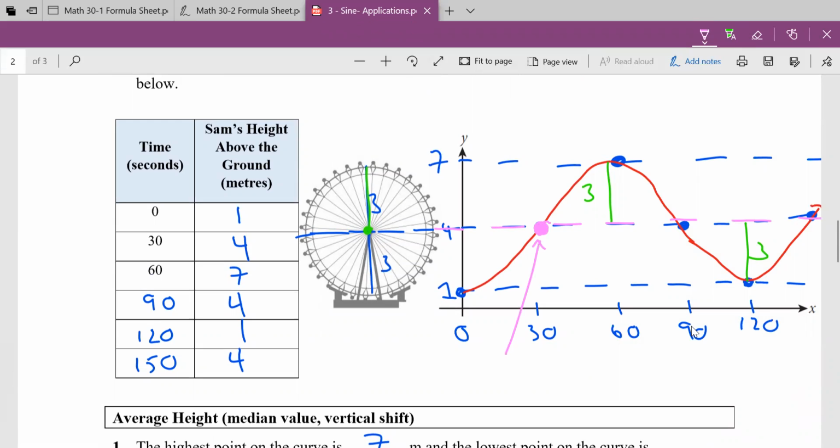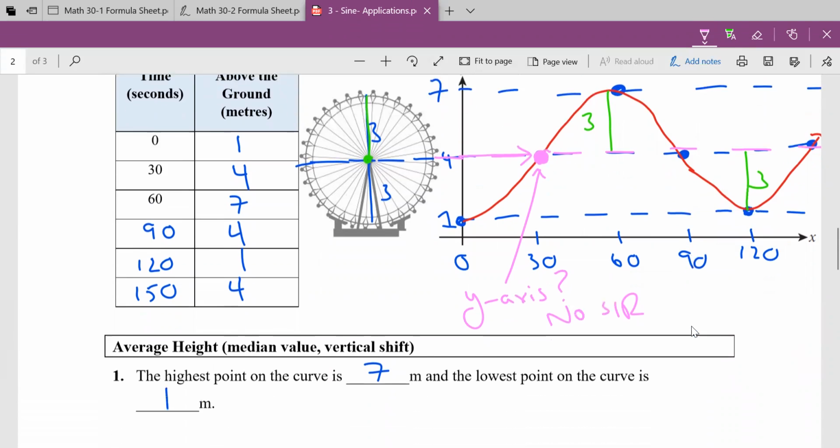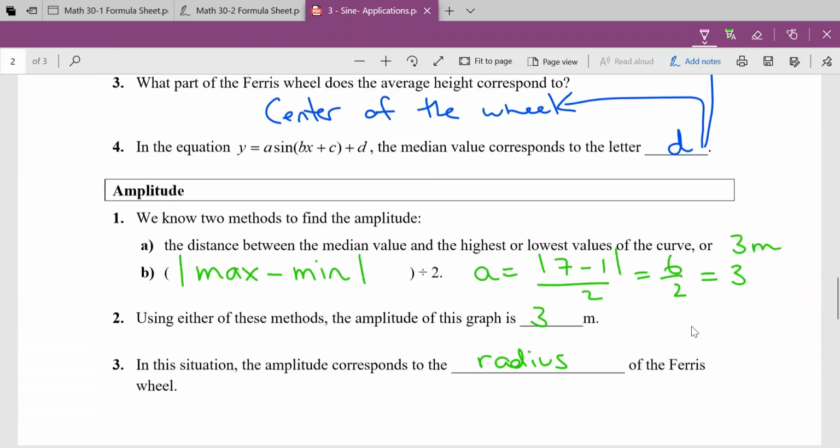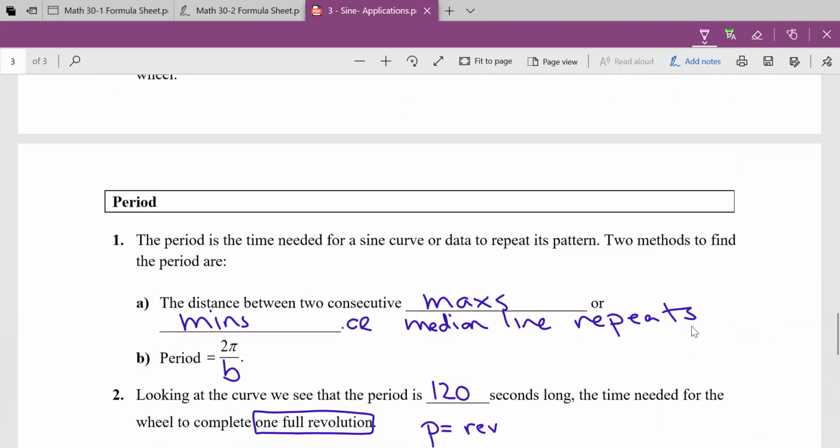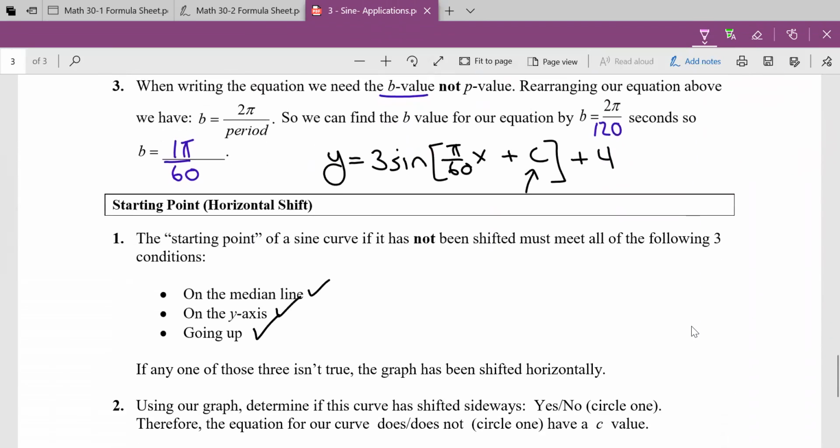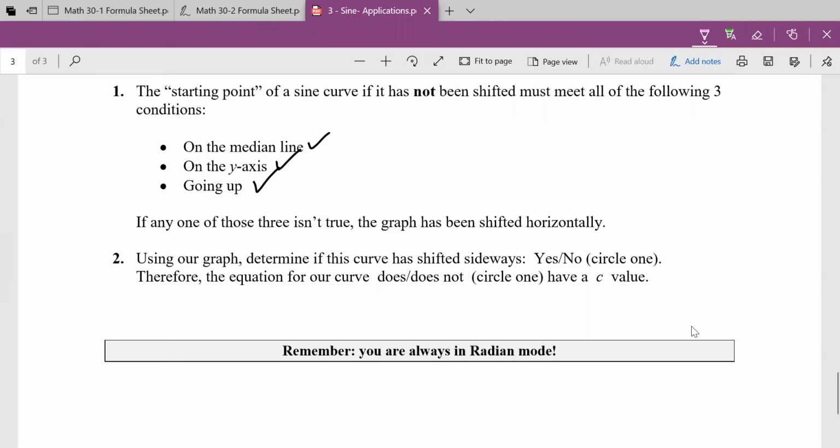Is that on the y-axis? No, sir. So this graph has actually been moved over to the right. So the answer to our question, has this graph been shifted left or right? The answer will be yes. This graph has been shifted.